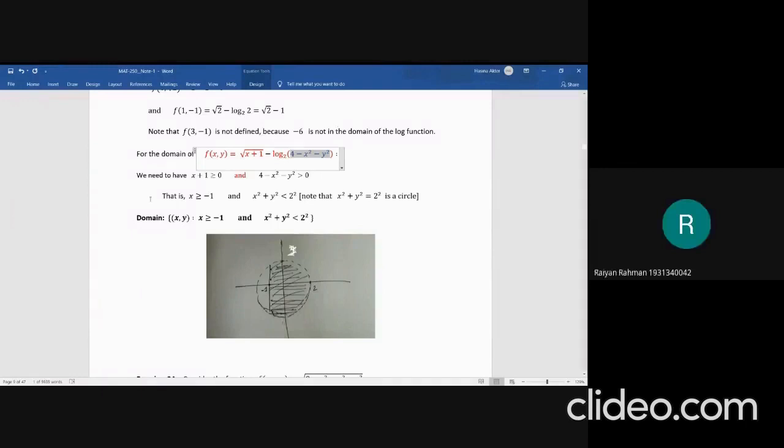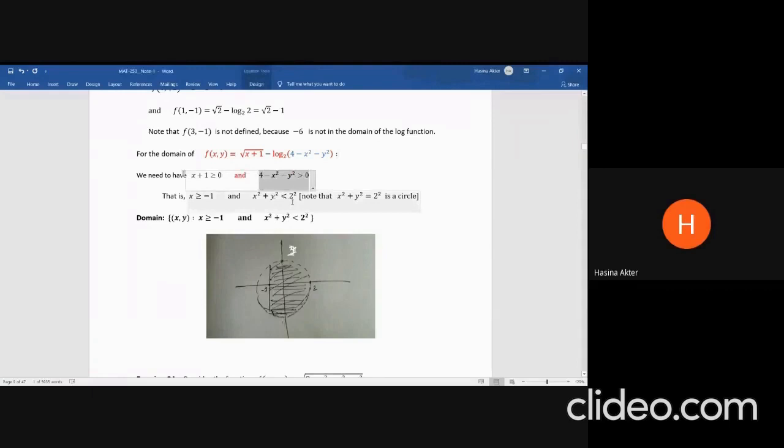So this is the domain of the square root function and this is the domain of the log function. If you do the simplification, x is greater than or equal to -1. And from the other, we get x squared plus y squared less than 2 squared.